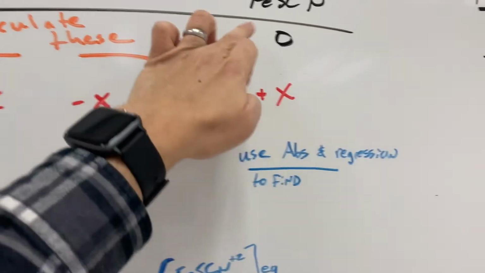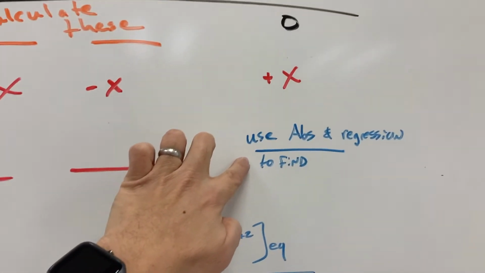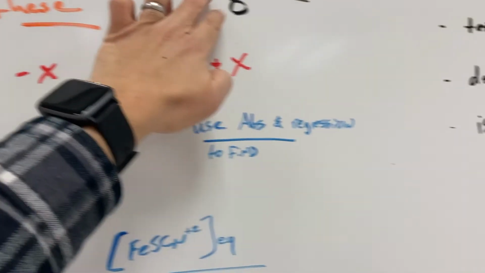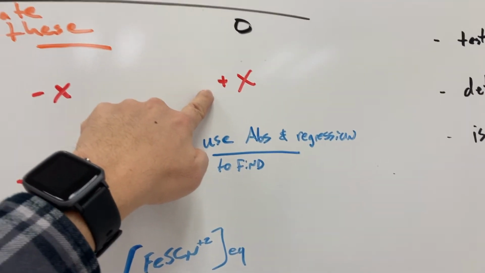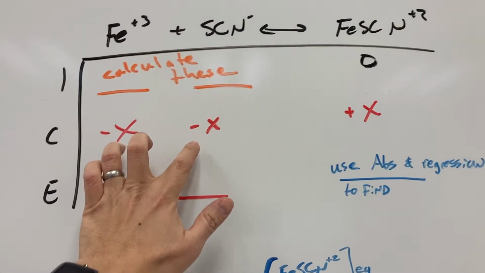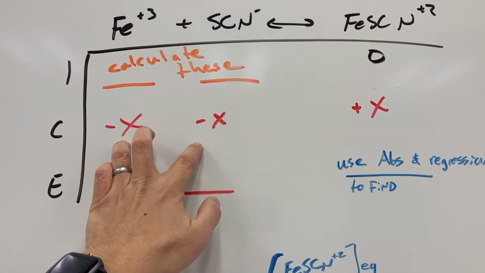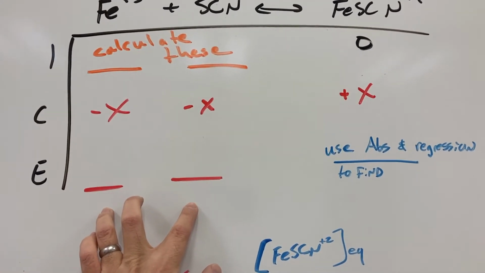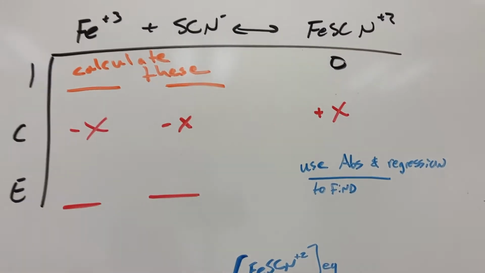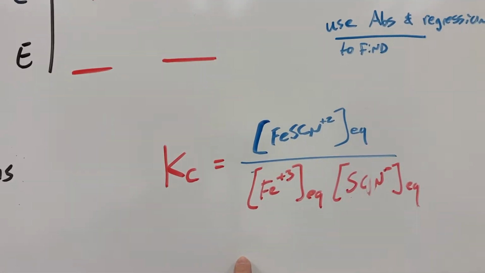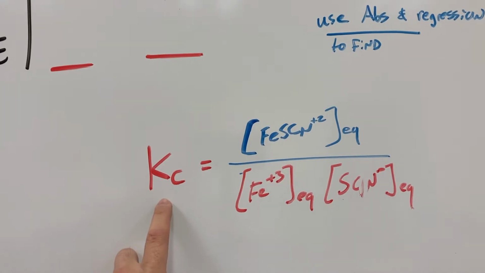Now, because the product started at 0 and is going to have some value at equilibrium, then the change can be determined. If the change is determined for the product, then we know the change for the reactants as well. So we can calculate the equilibrium concentrations of the reactants by applying the change to the initial concentrations. And that would give us all 3 equilibrium concentrations so that we can solve for the equilibrium constant.